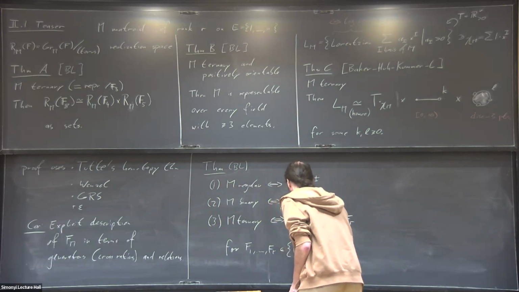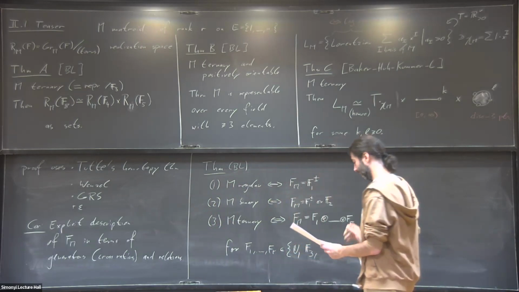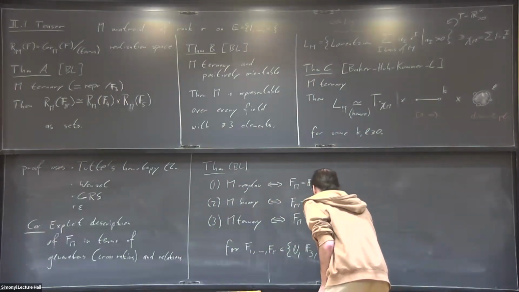It's either U, F3, the field with three elements, or then there are two new guys, D and H.